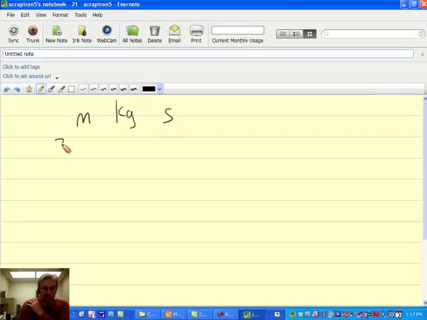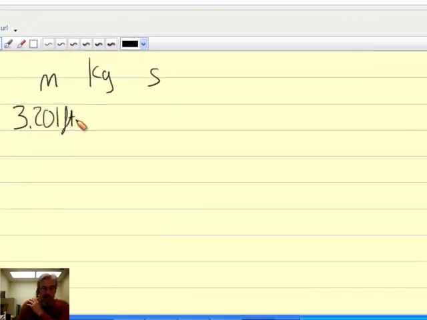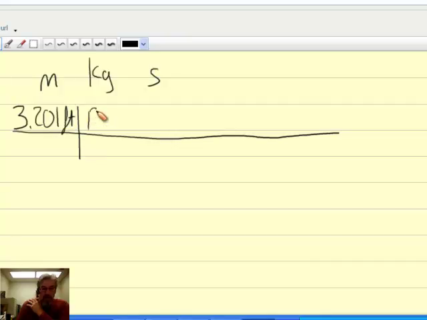Well, let's change 3.201 feet into meters. So we'll use dimensional analysis. We know that there are 12 inches in a foot. That gets us into inches.